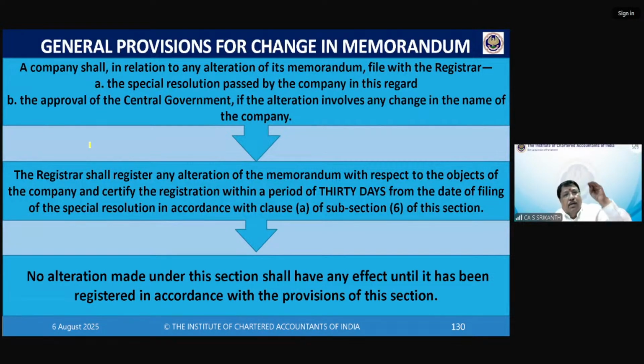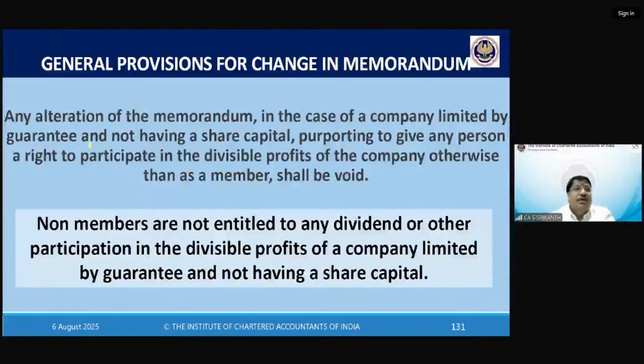In other words, any change in the memorandum should become a public document. Only then can the doctrine of constructive notice apply. So you can't quietly amend your memorandum and keep quiet. You have to file it with the Registrar, and the Registrar should register it. Once uploaded and registered, it becomes a public document. Got it?